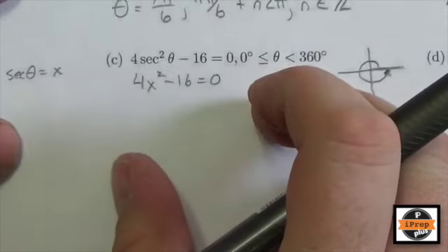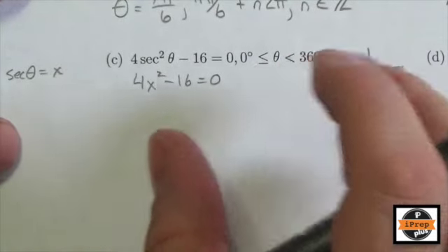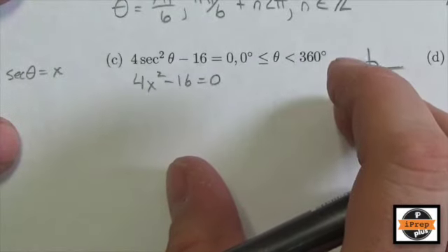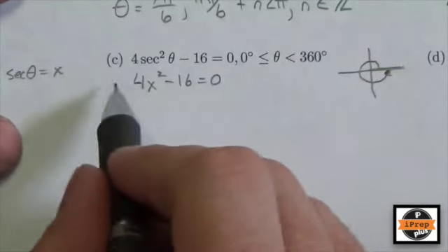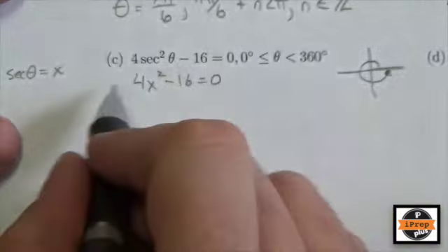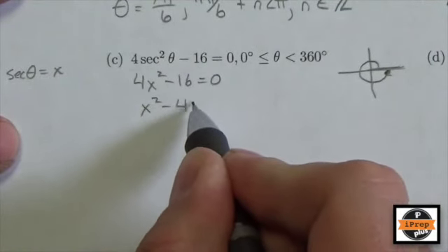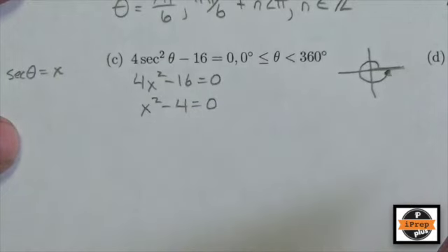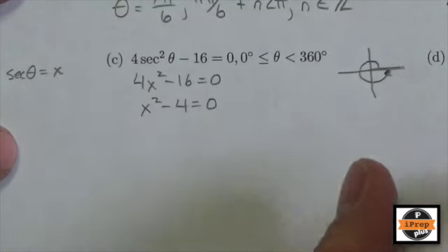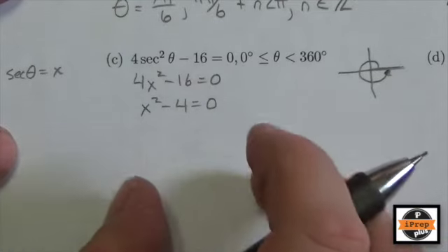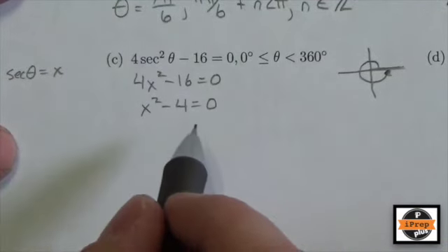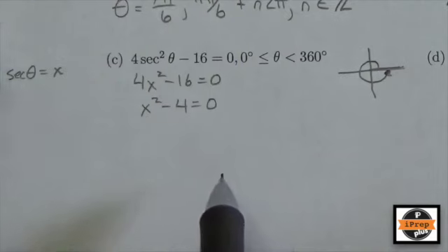Now, there's one thing you should do, then there's a couple of things you can do to approach this. The first thing I would do here is simplify this by dividing everything through by 4. As long as you divide everything by 4, you're okay. The equation stays an equation. You haven't altered the value of one side or the other. And everything here is divisible by 4.